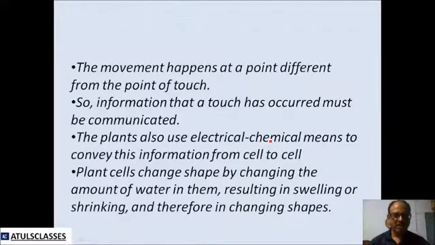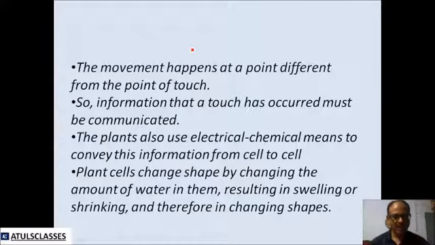So do you know how this happens? The movement happens at a point different from the point of touch. So information that a touch has occurred must be communicated. It should move from the point of touch to the other parts also. The plant also uses electrical chemical means to convey this information from cell to cell.